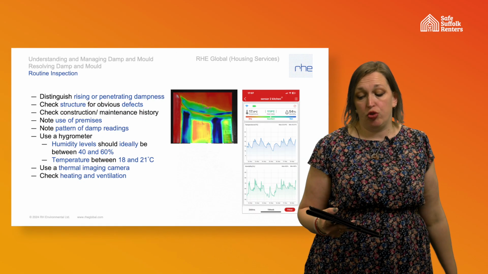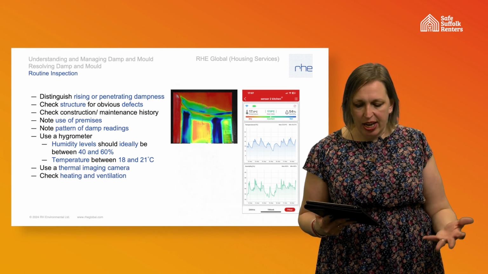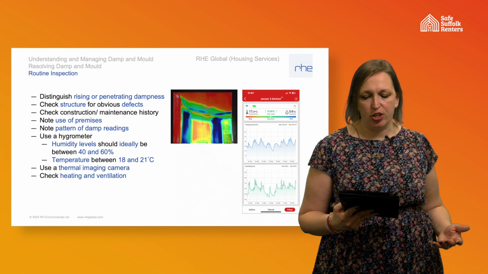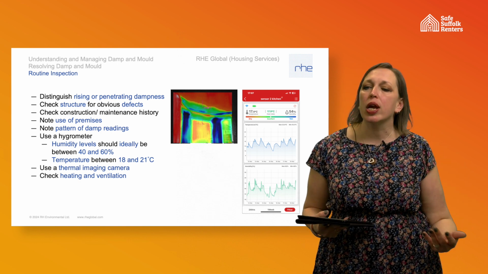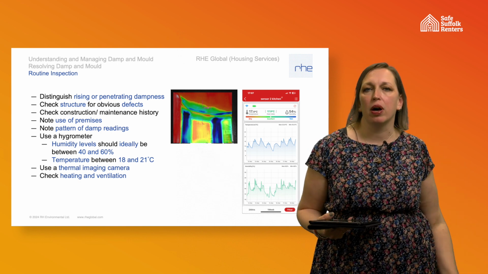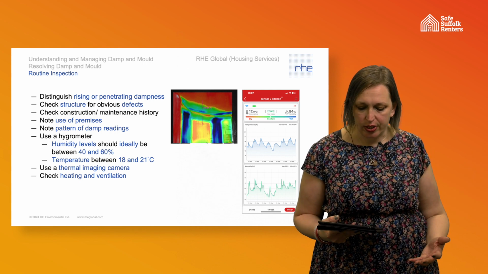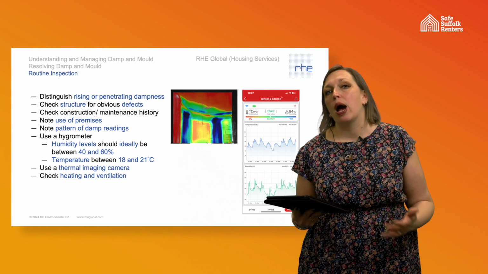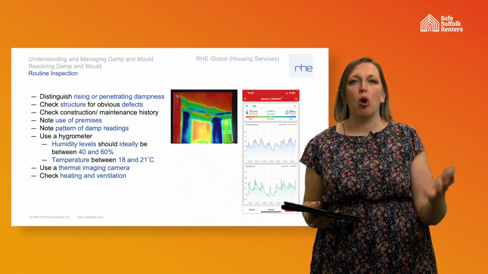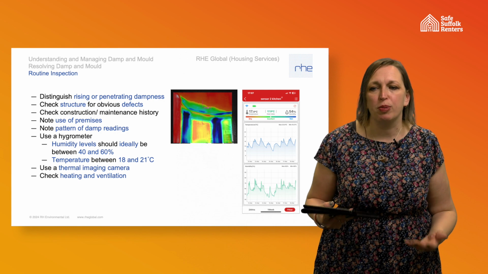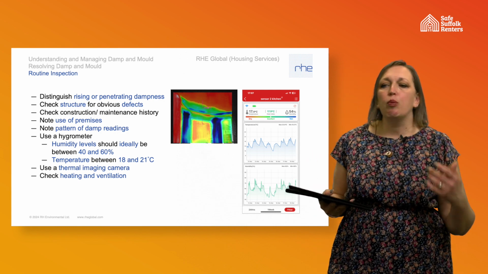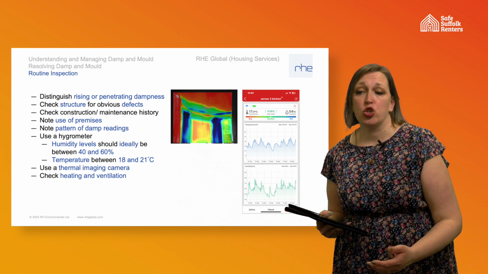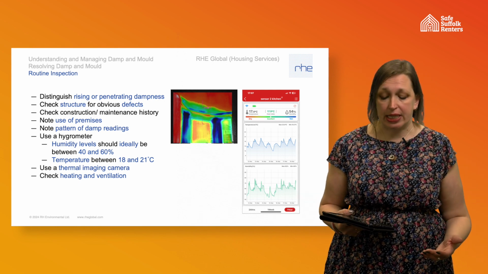If you're doing any temperature readings, as well as measuring the air temperature, measure the surface temperature as well, because what you're trying to do is establish what that dew point temperature is and how likely it is that you're going to get water vapour condensing onto cold surfaces. Hygrometers can be a really useful tool as well to show how much moisture there is in a property and how hot, warm or cold a property is at a given time. And what you're looking for is a humidity level between 40 and 60% and a temperature between 18 and 21 degrees C.